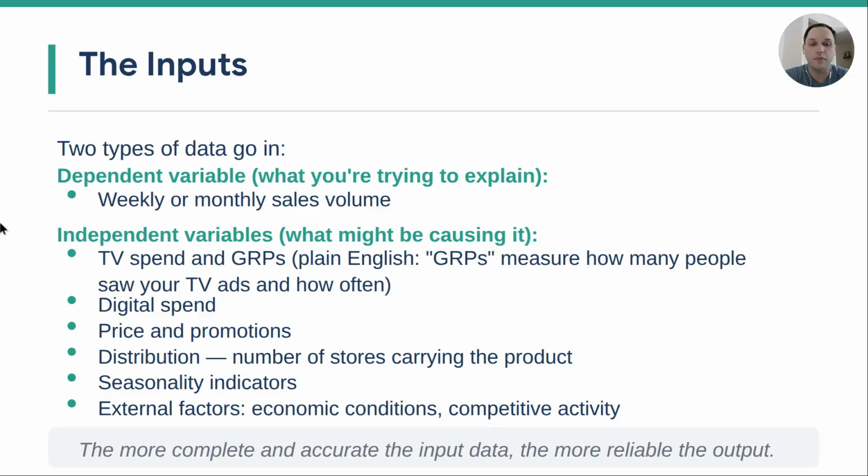The quality of the model depends entirely on the quality and completeness of these inputs. Good data in, reliable outputs. Missing or messy data, and the model's conclusions become harder to trust.